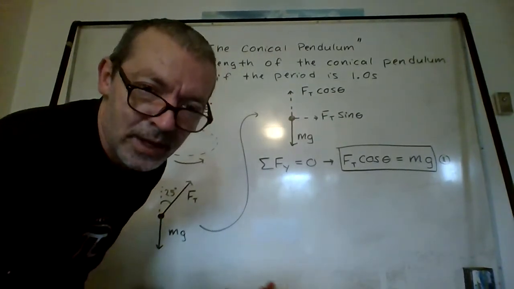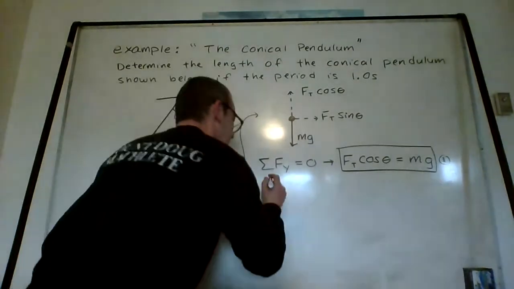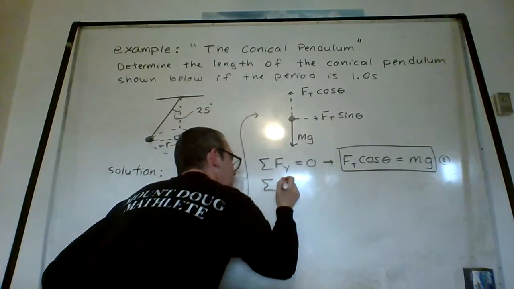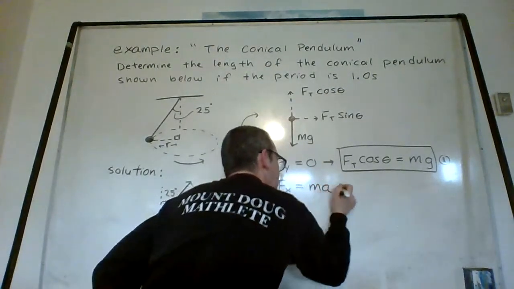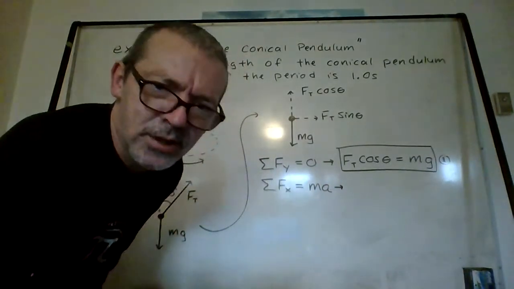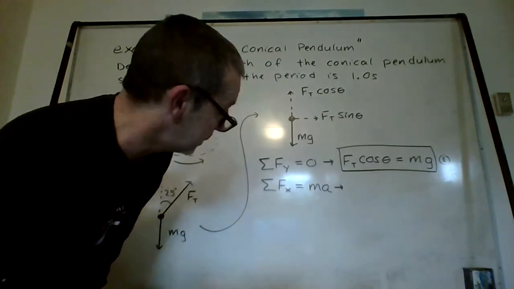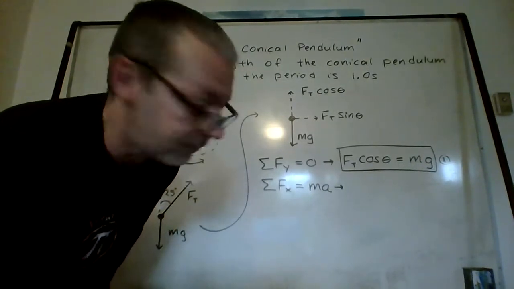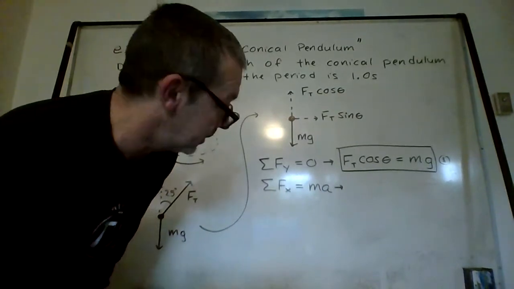Now, to deal with the unbalanced force, that's the net force. So here, Newton's second law. Sum of the forces in the x direction equals mass times acceleration. So, this isn't new. Again, this is Unit 2 stuff, except we have new acceleration formulas in this unit. Because the question is stated in terms of the period of a pendulum, I'm going to use the period formula for acceleration.